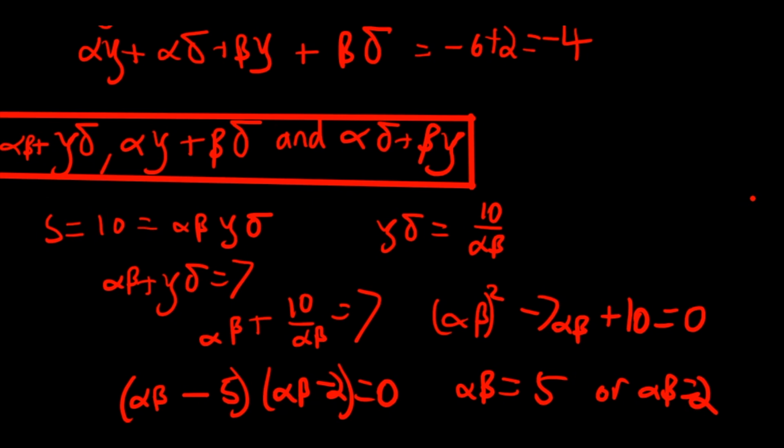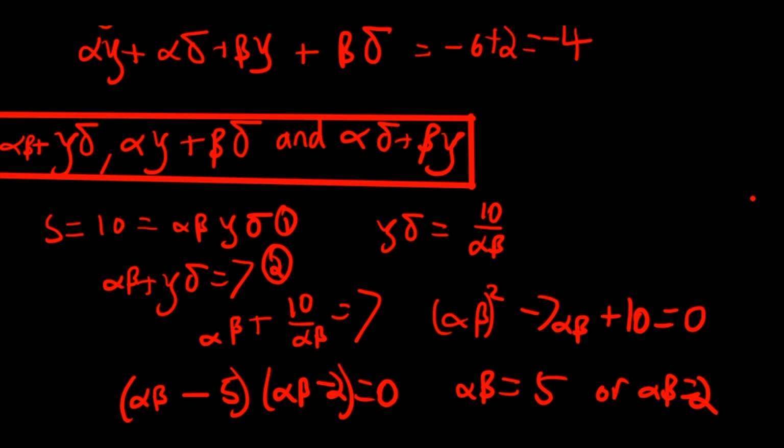Well, if we think about the two equations, so if I label this 1 and 2, the two equations are symmetric in alpha beta and gamma delta. And so what I'm saying is that if we instead decided to substitute in alpha beta instead of gamma delta, you would end up with the exact same equation as we just did here, but instead of alpha beta, we'd have gamma delta.